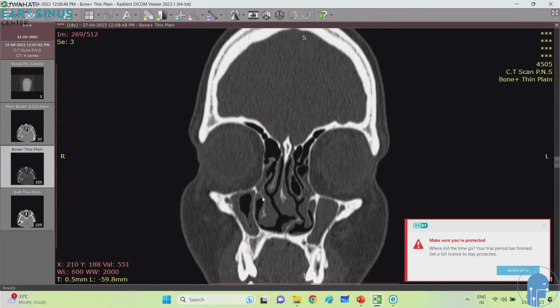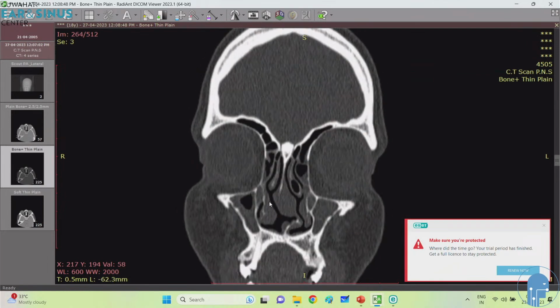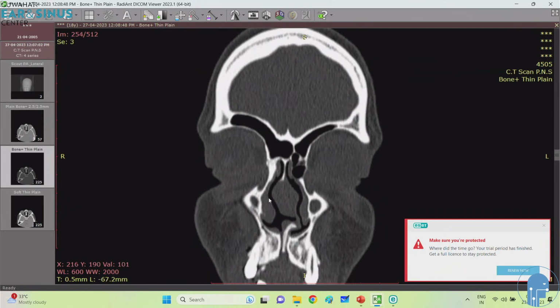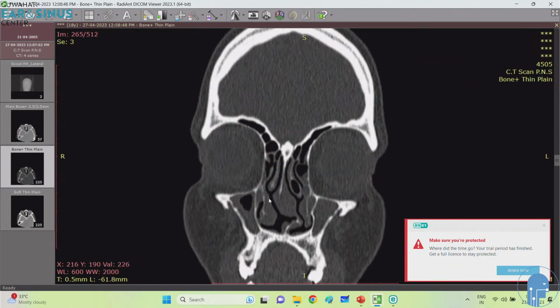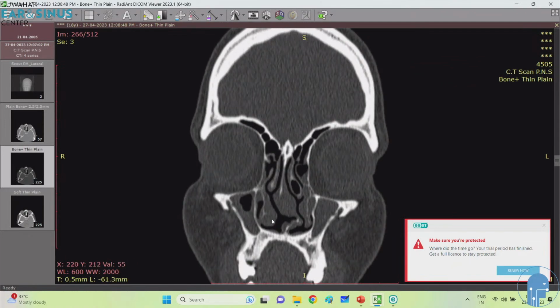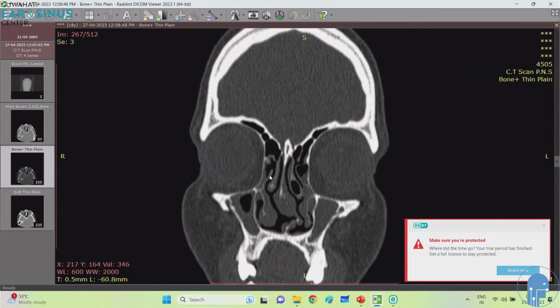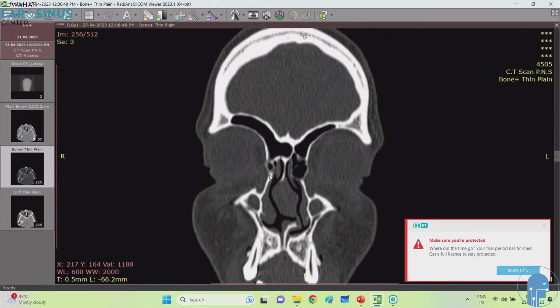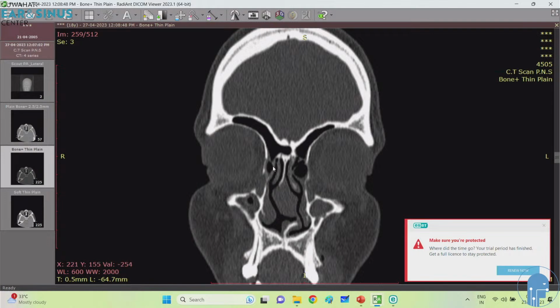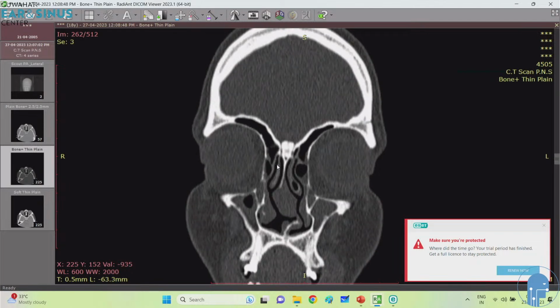Now coming to the uncinate process, I'm going from anterior to posterior. In this case, here is the inferior turbinate. This is the uncinate process, which goes up, medial to the agar nasal cells, and is attached to the skull base.